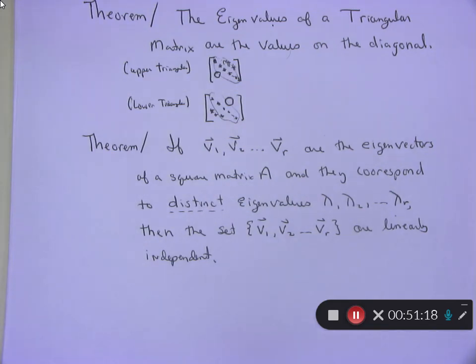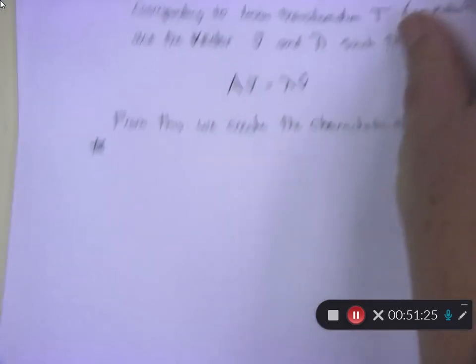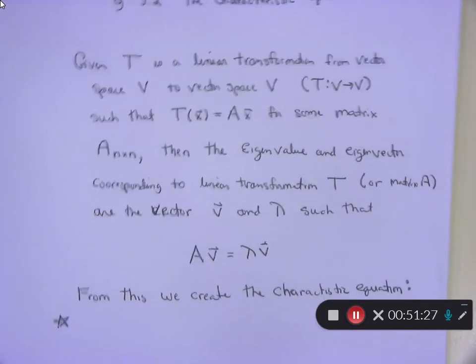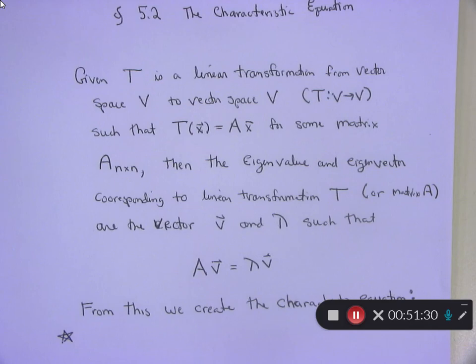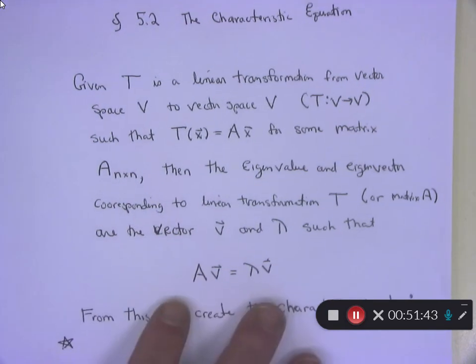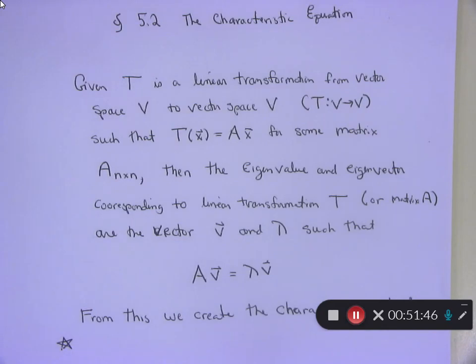Well, that leads us into section 5.2. Section 5.2 starts out with this guy right here. We're going to have something called the characteristic equation.